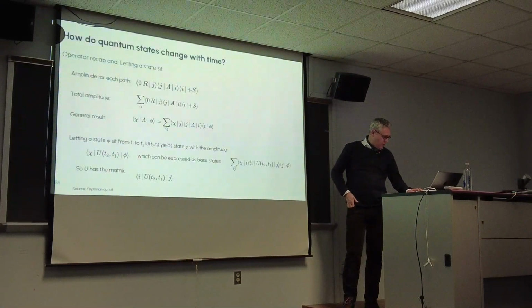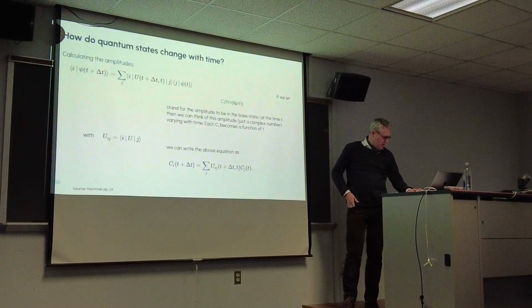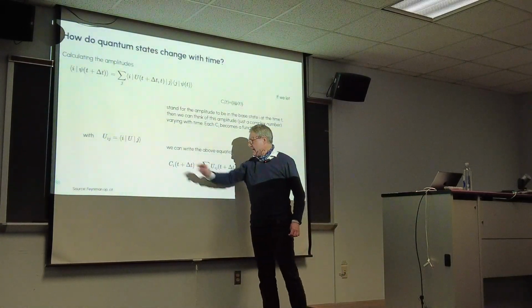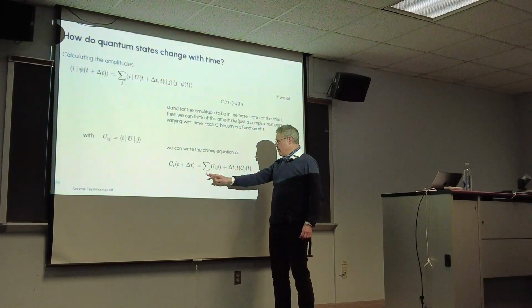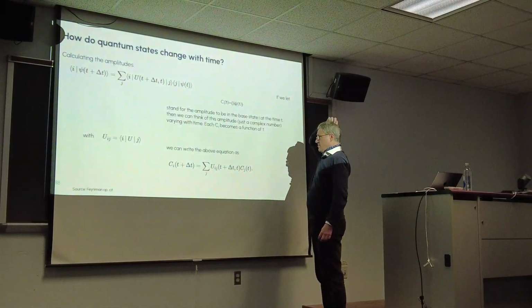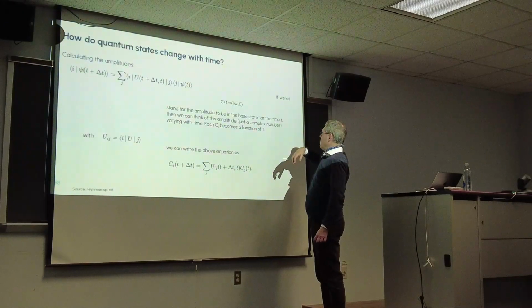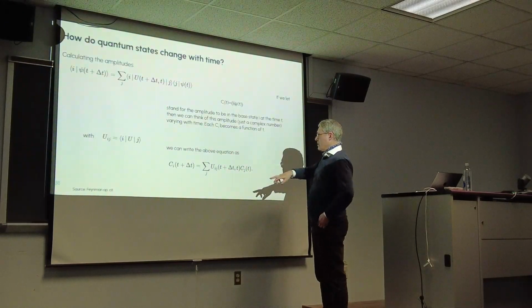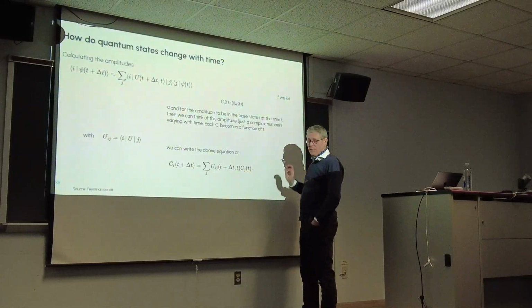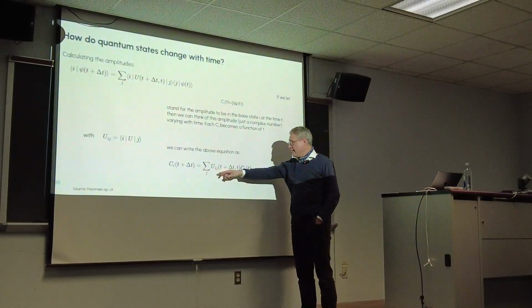Now when you want to calculate this for the ith state, you take all the base states j, which are the columns of this matrix, and i is a row.